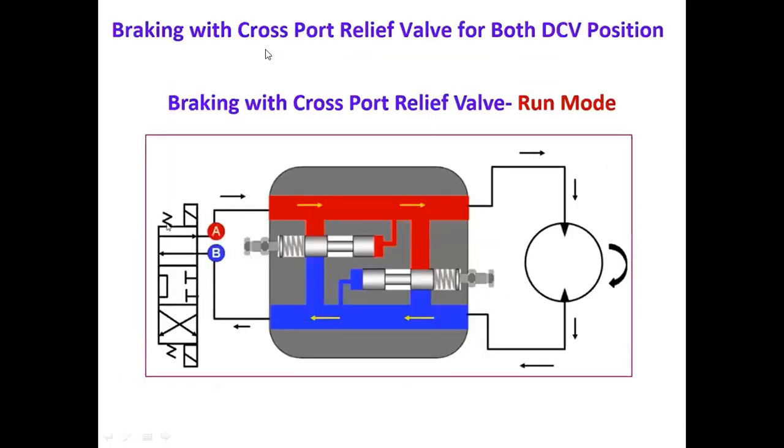So braking with cross port relief valves for both DCV, direction control valve, positions. Braking with cross port relief valves, run mode. This is port A, this is port B. At A, the liquid is going in this direction. Here, in run mode, it returns to B.